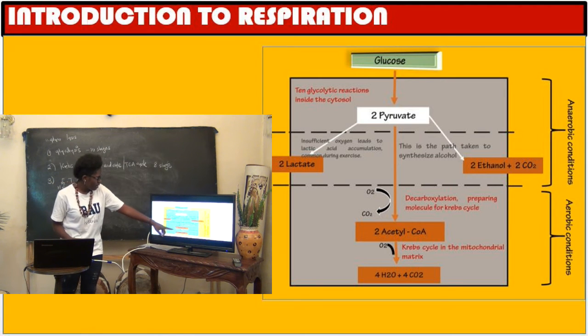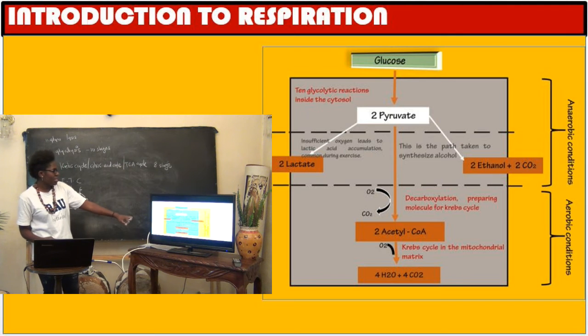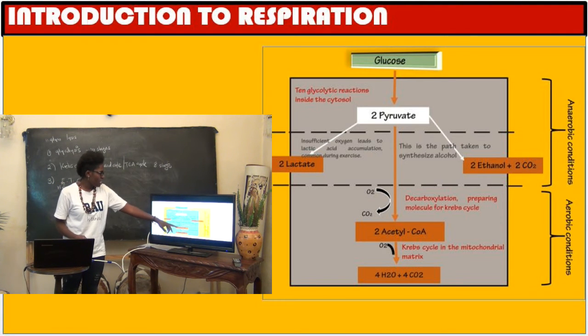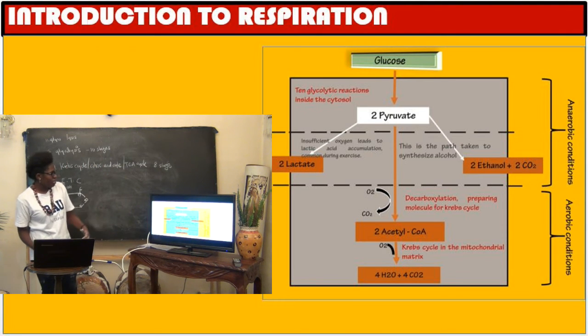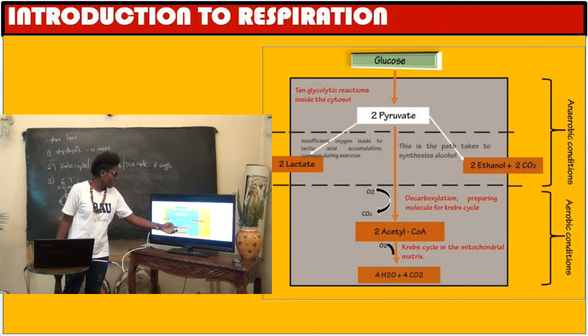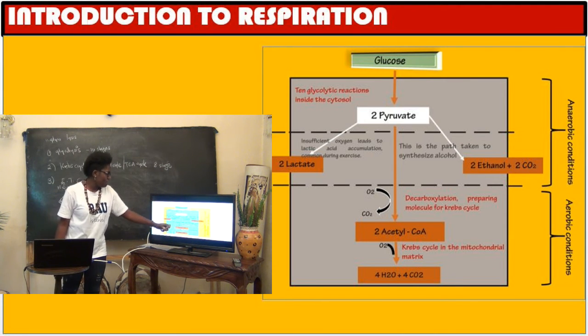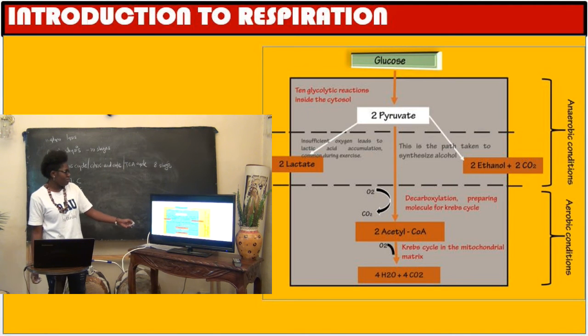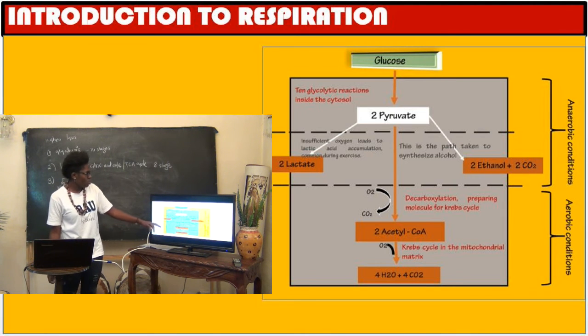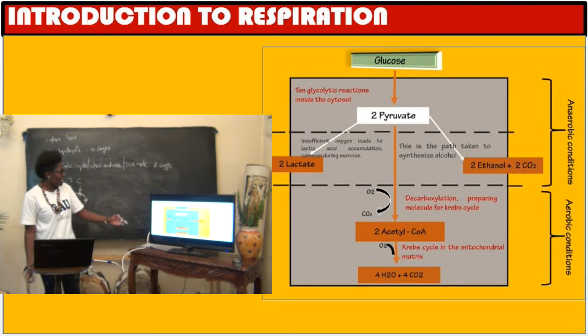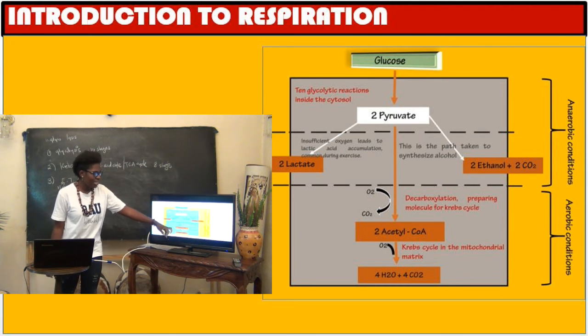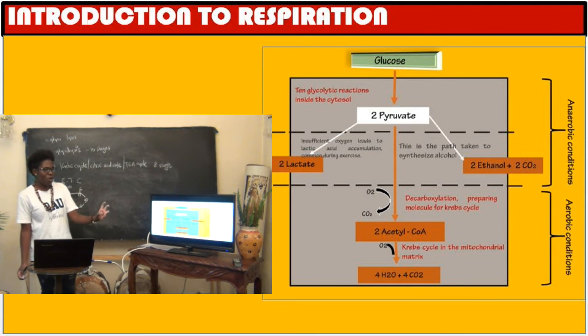But before it gets into the Krebs cycle, it has to undergo a stage known as decarboxylation, whereby we lose a carbon dioxide molecule as a way of preparing it to accept a 4-carbon molecule, oxaloacetate, that reacts with it to form a citrate, which is the beginning of our citric acid, our Krebs cycle.